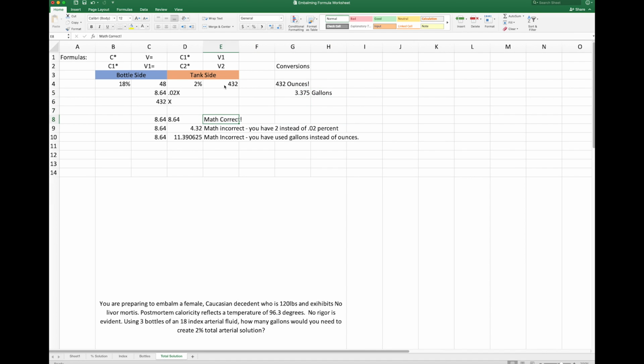If you do answer the question right, make sure that when you are doing these things you are using the right numbers to double check the math, which is why I strongly recommend that once you've solved for the x, take the x, put the x back in, run the math, and make sure left equals right. At least you can determine at that point if you do anything else south, it's because you're doing an incorrect conversion or you're using something else that's wrong. At this point, you know that everything you've done is right. So you find the 3.375, you click, you move on to the next thing.